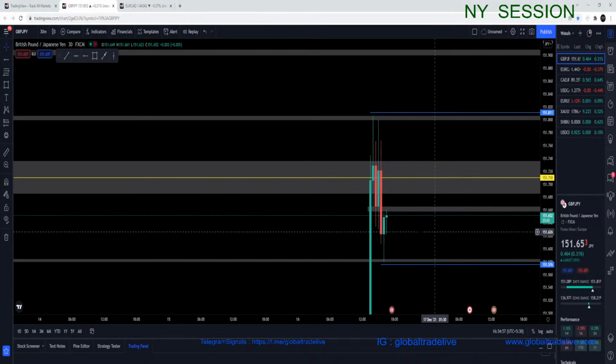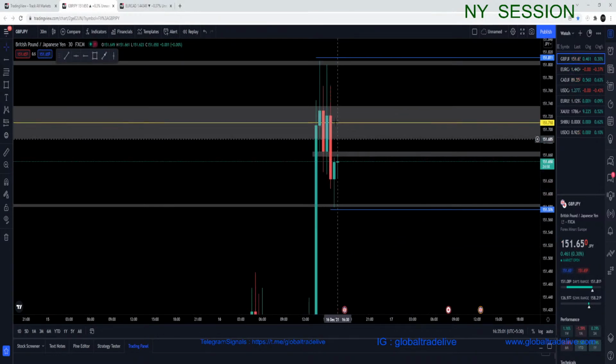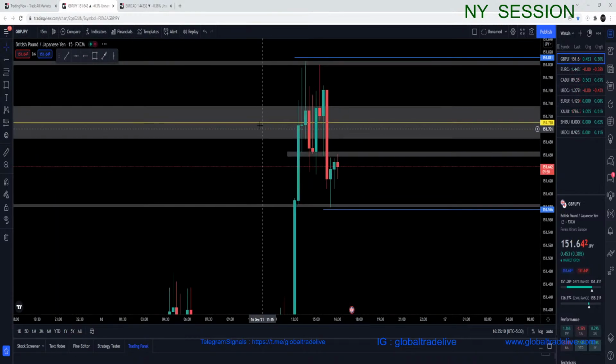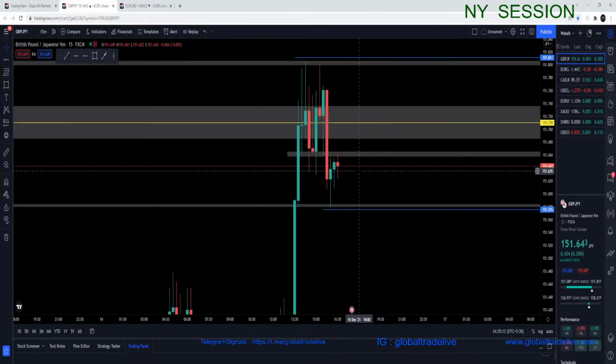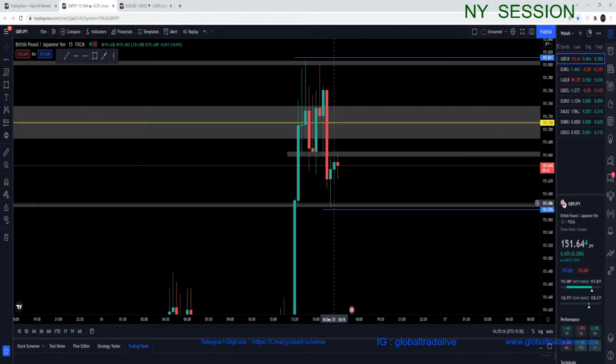So what is the market trying to do? Will it go all the way up and close above these ranges, or, because this candle closed below, then this candle closed above, rejection is there, then the previous one also.